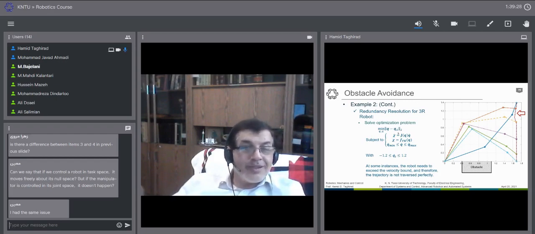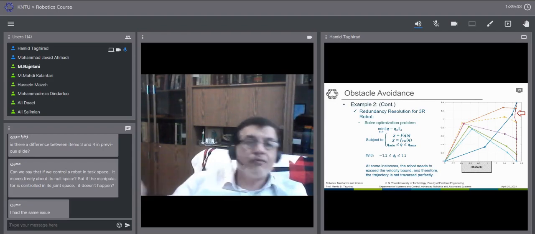Q and Q dot should be exactly the derivative of each other. But if your cost function was in Q dot, and this was in Q dot, you don't need this function at all. You could work on the Q dot and find the Q dot, and from the Q dot you can integrate and find the Q.